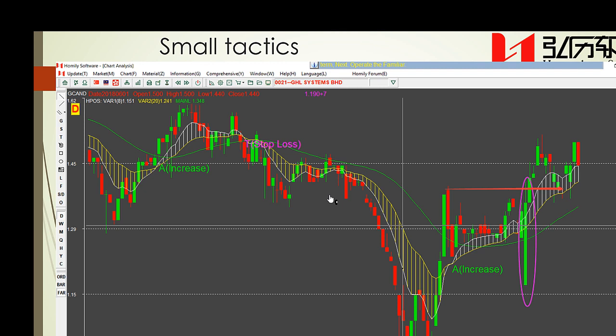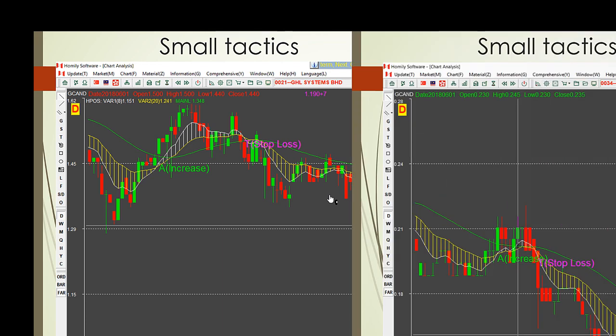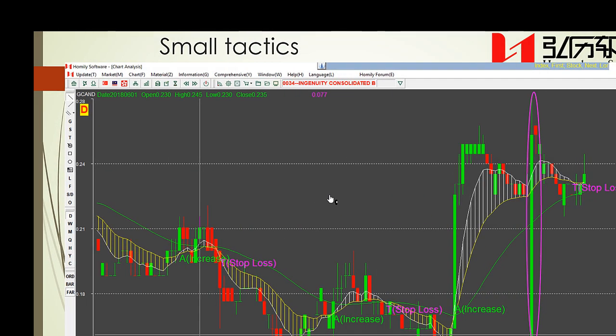Here is the difference. We can see here the white line and the yellow line are still turning up, still rising. So here no danger. So here no danger, and then the next here also, but this one, because today is just happening, right?